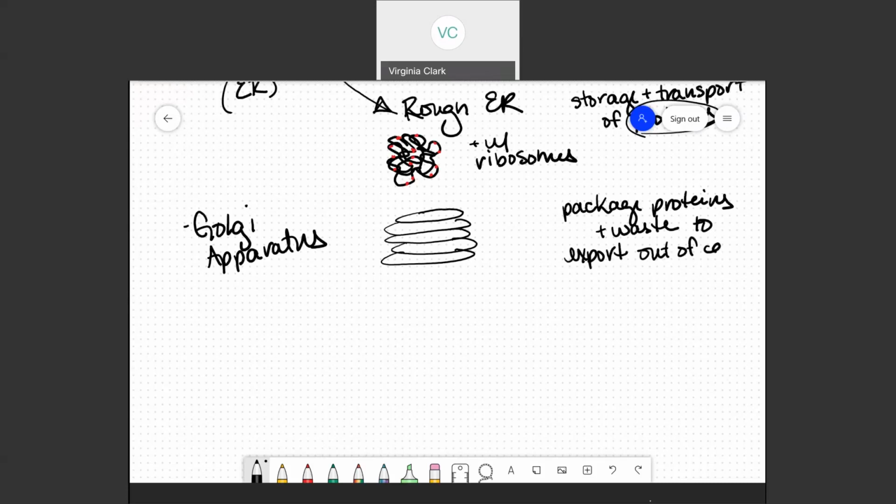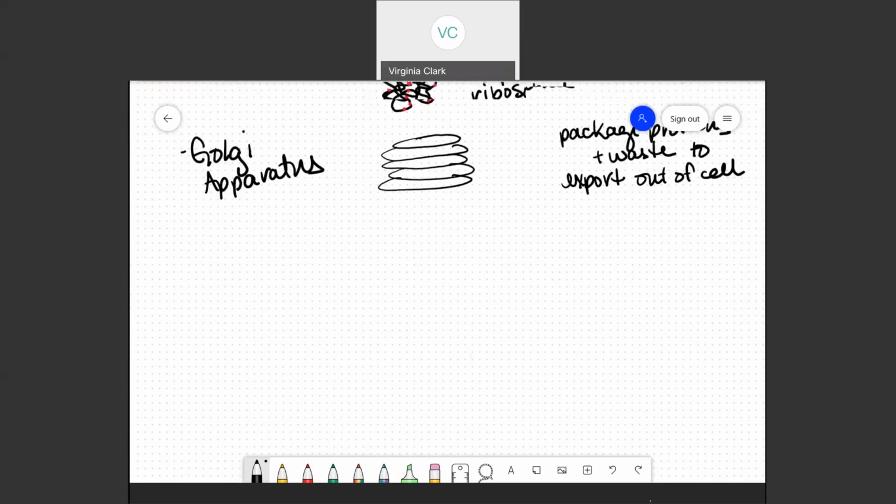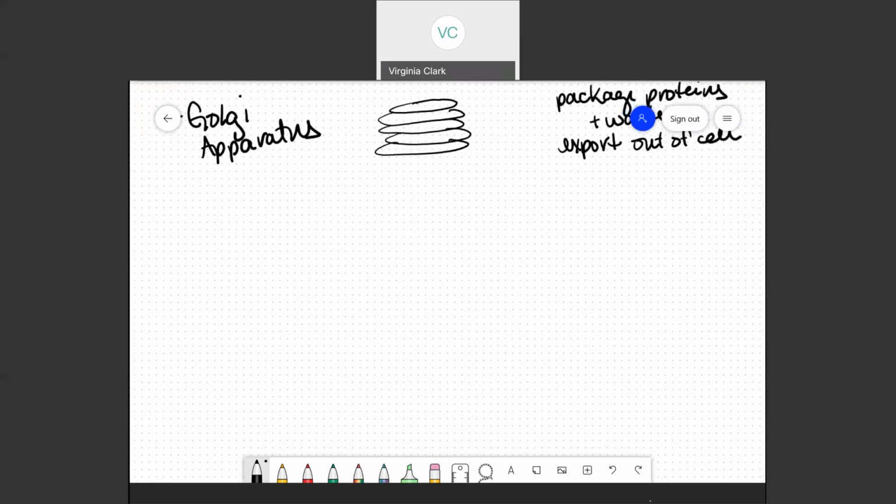The way I like to describe the Golgi apparatus is this is the FedEx. He's the guy who will put the things that need to leave the cell or be mailed somewhere into a little package, into a little box, so that they can be moved from cell to cell or out of the cell. So the Golgi apparatus is responsible for packaging whatever needs to leave, so that it can be exported from the cell.